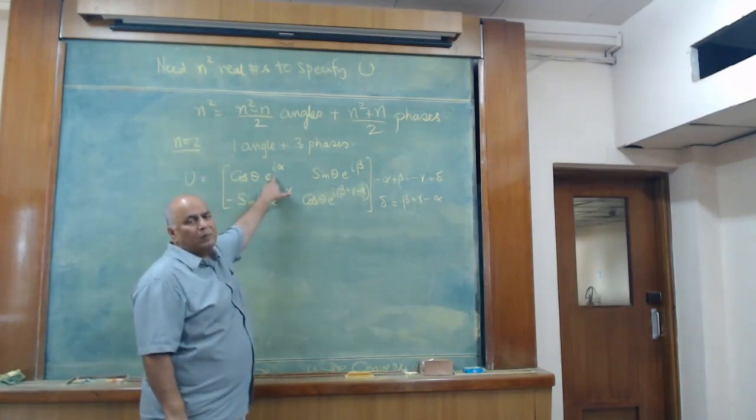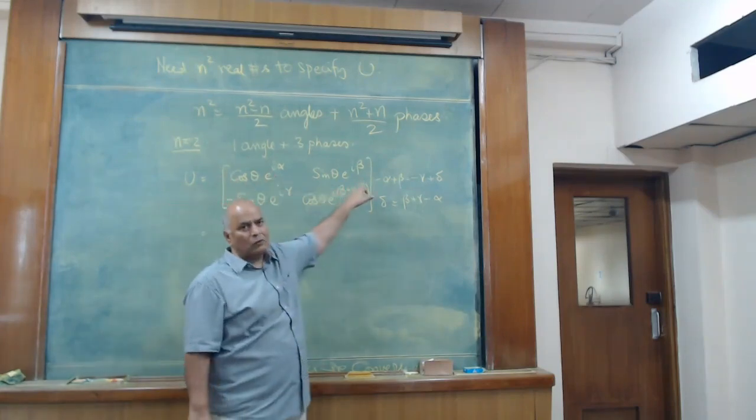I pull e power i alpha out from the first row.